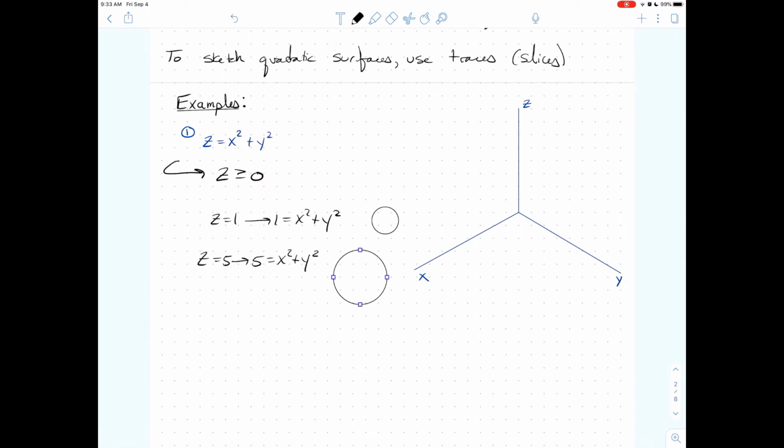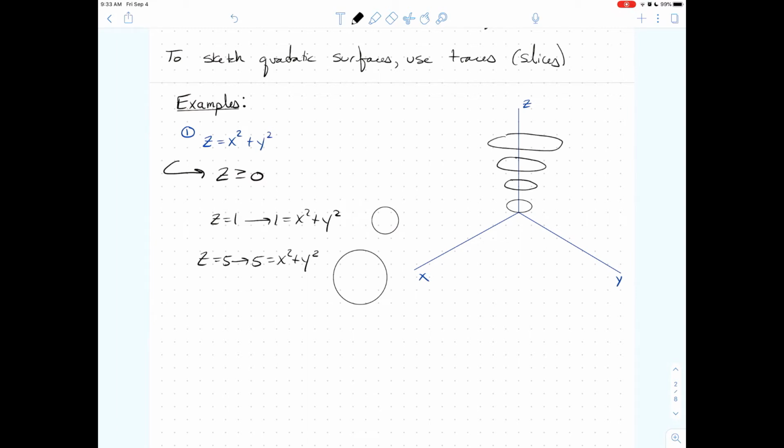I get a little circle here, and then an even bigger one. If I go up a little bit, the higher you go, the larger z value, the bigger circle that you get. I'm not sure that this auto graph thing is going to work for us. Here, I'll just do it myself if I can. So the traces look like that.